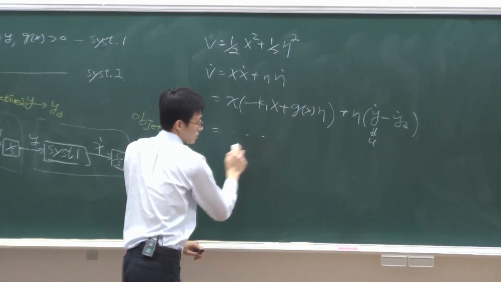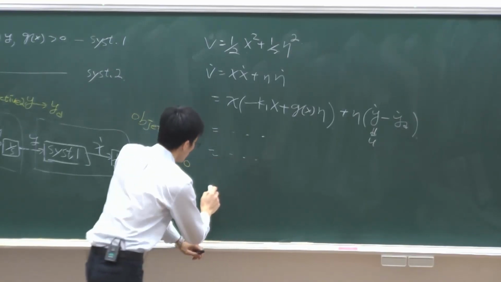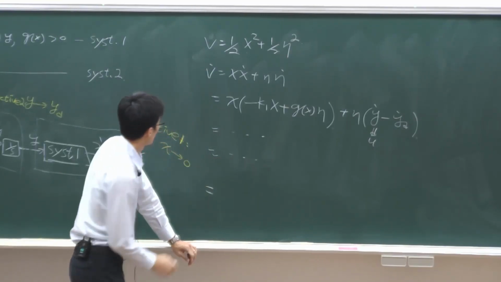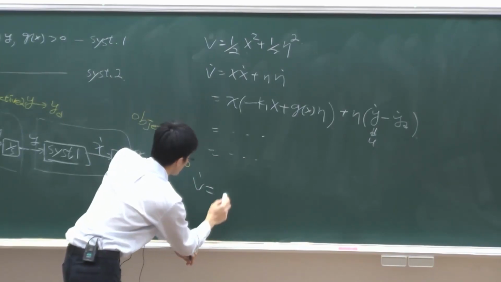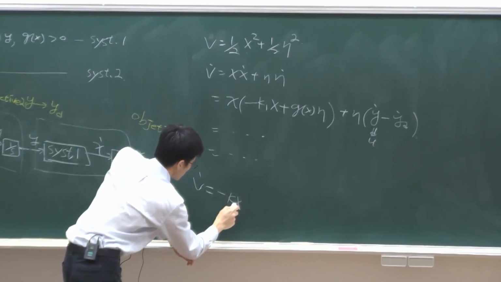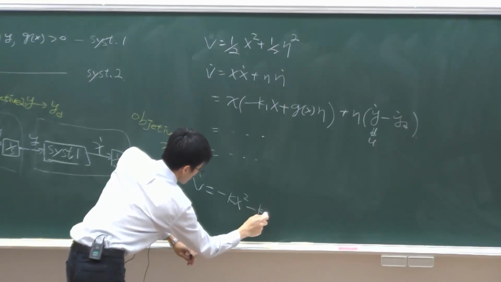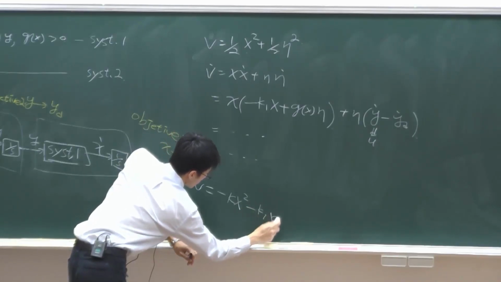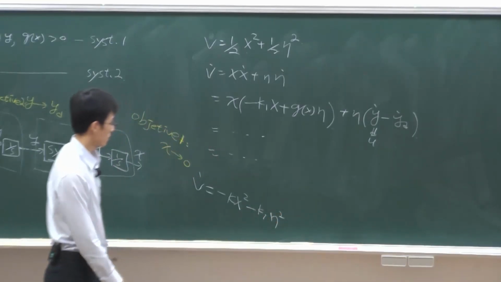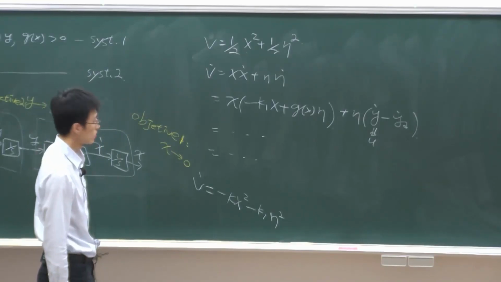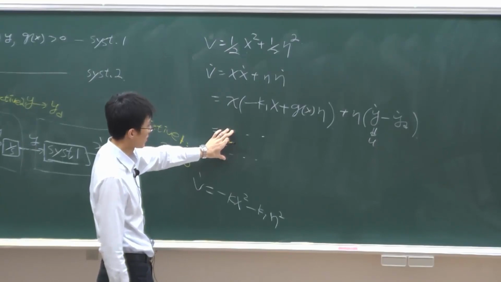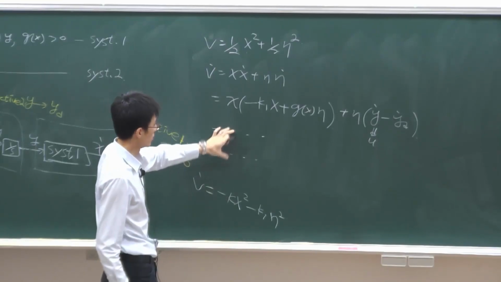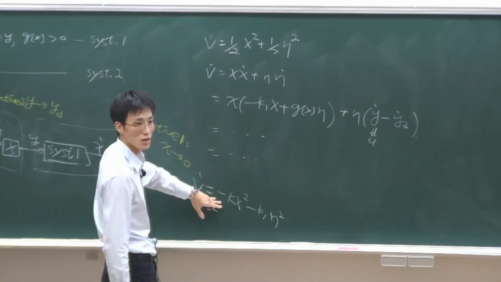So here's the design process, and eventually what you need is this. Here you need to design control U to bridge the gap between this and this.